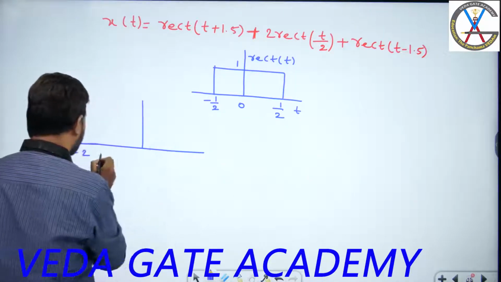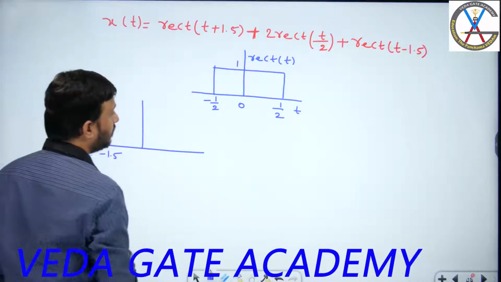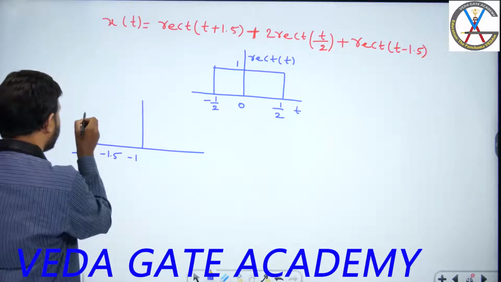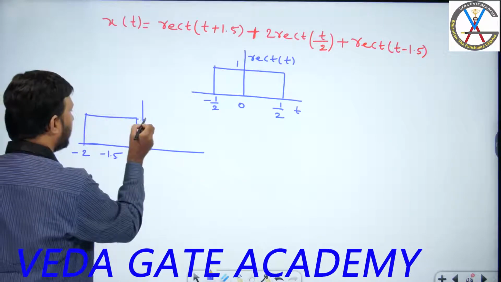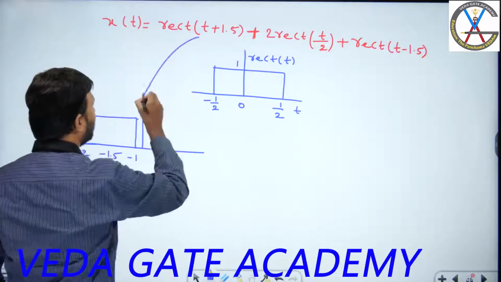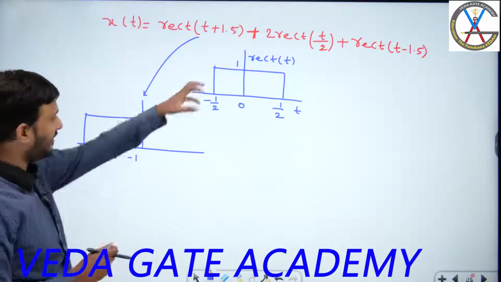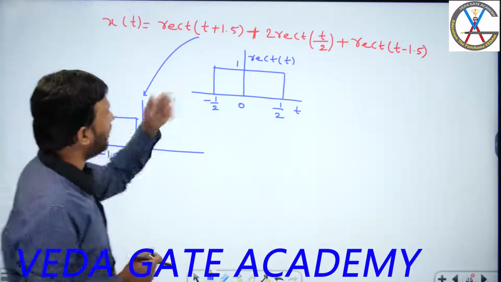This will come to minus 1.5 and this will come to minus 1. This is your rect(t + 1.5). Hope you are all comfortable with this. Simply shift this left by 1.5 units.